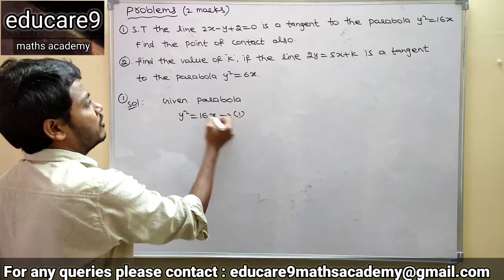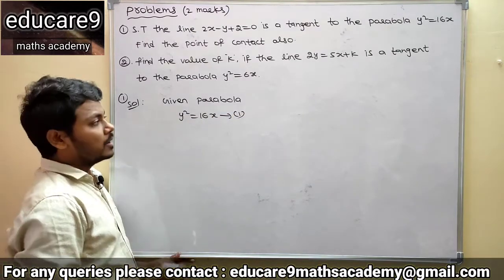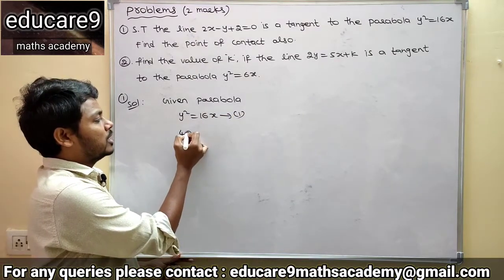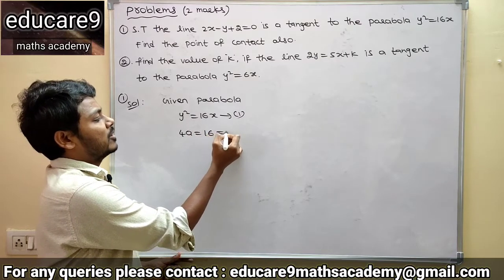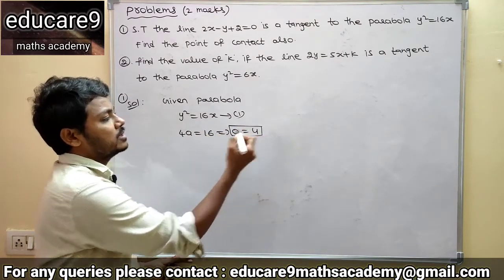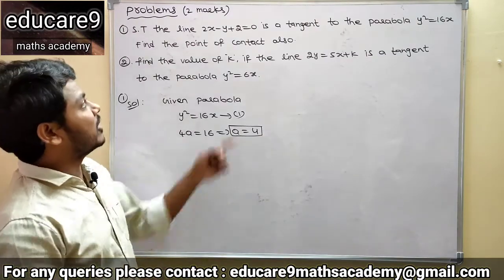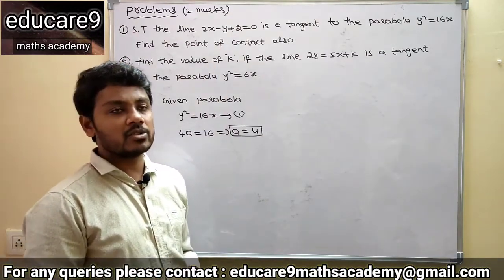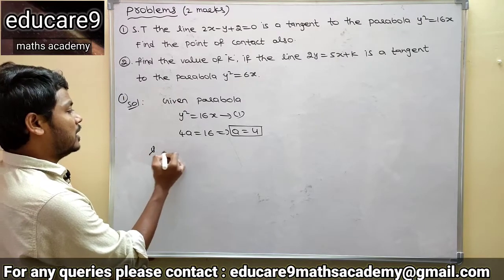This is equation 1. Now, 4a is equal to how much? 16. From this, a is equals to 4. The value of a is 4. And what is the given line? 2x minus y plus 2 equals to 0.